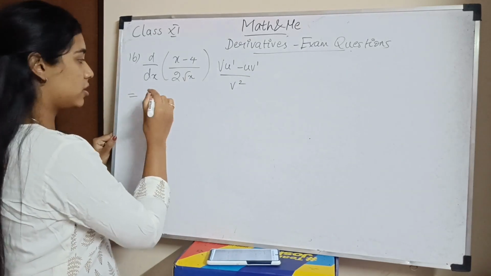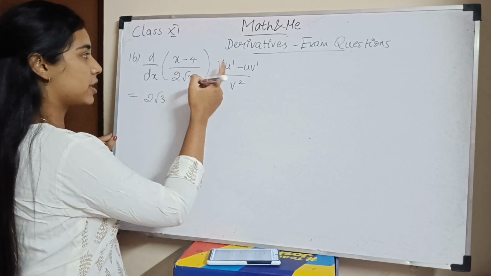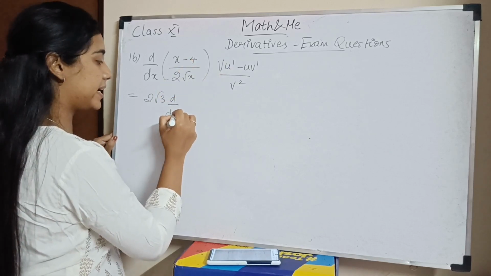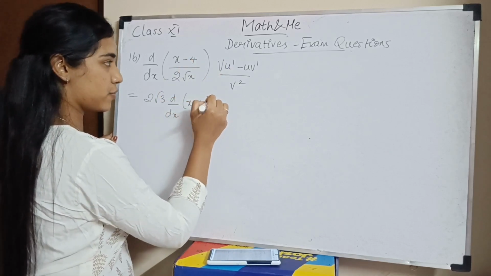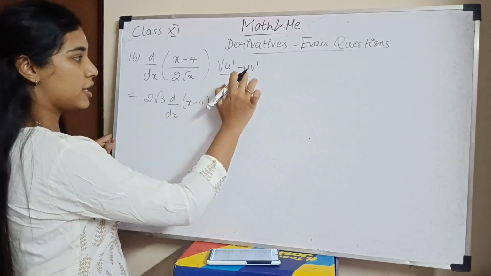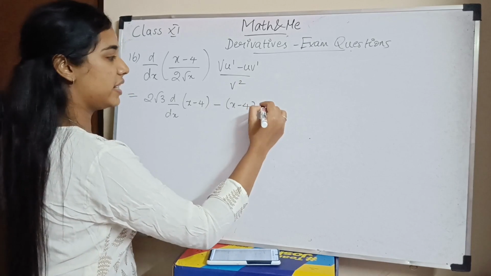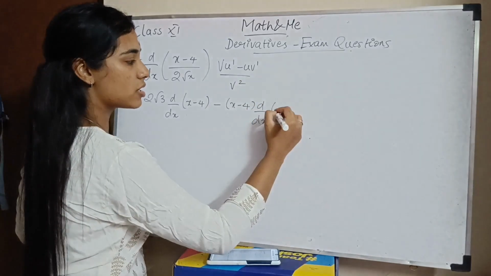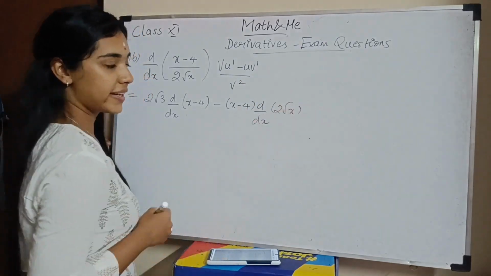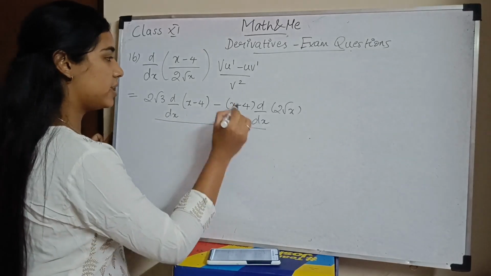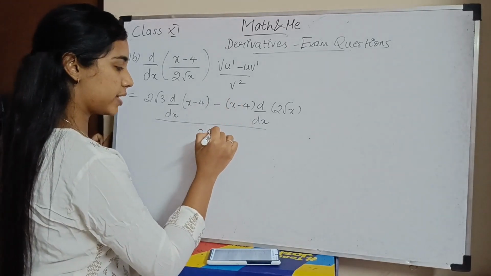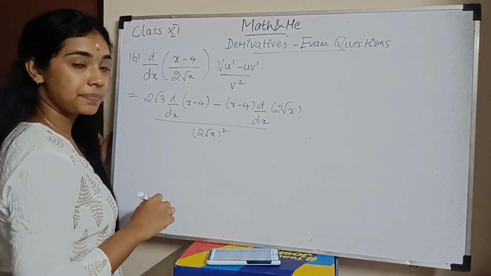What is your v? 2 root x. u dash will be d by dx of x minus 4, minus u v dash. What is your u? x minus 4. v dash is d by dx of 2 root x, divided by v square. So it is (2 root x) the whole square.